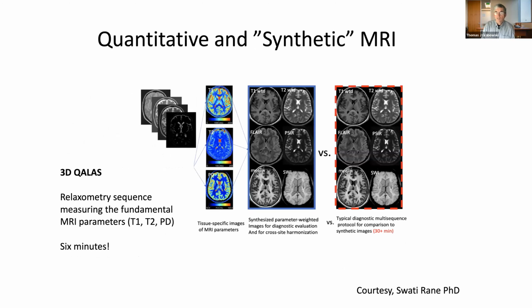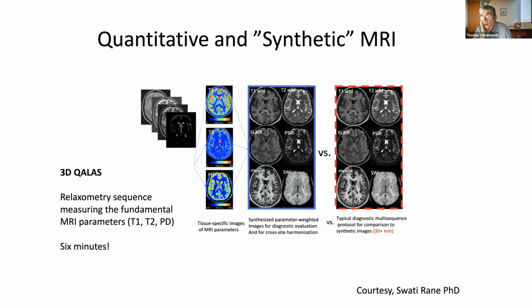That quantitative or synthetic MRI approach that I mentioned a second ago works something like this. There's essentially a curve fitting exercise that happens as an integral part of the pulse sequence that generates images, which fits and estimates and then generates images of the underlying physical parameters that determine what an MRI image looks like.